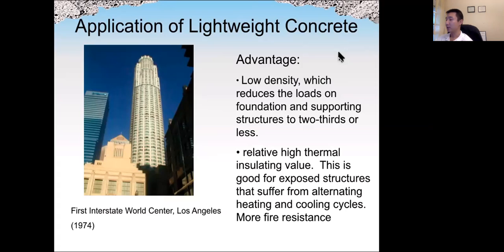Also, lightweight concrete is a high thermal insulator because the tiny air bubbles inside the aggregate are very good thermal insulators, and these air voids are not interconnected. That reduces the cost for heating and cooling, and also makes lightweight concrete more fire resistant.